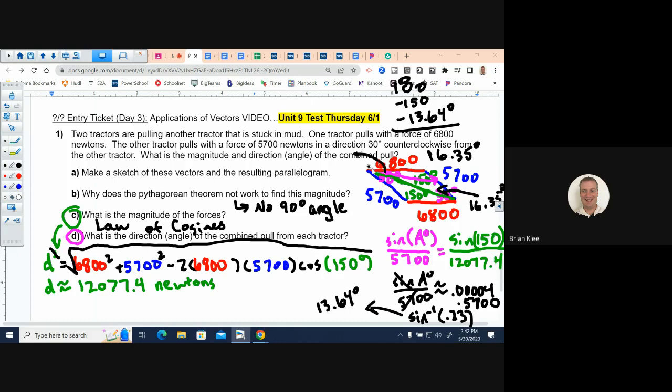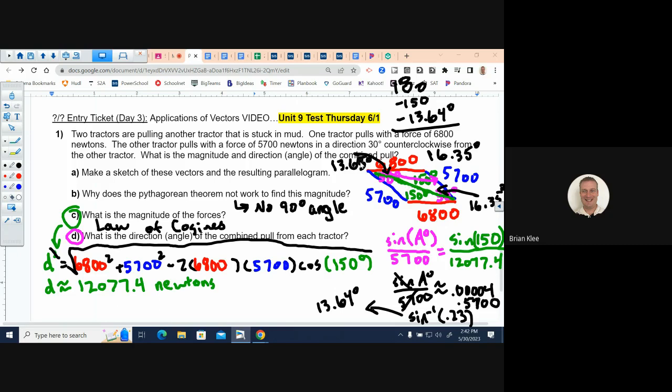And right here, this is the angle that it would actually pull in relationship to the larger force, is 13.64. And I did round wrong. That should be 13.65. You should notice 13.65 and 16.35 adds back up to the 30 degrees at each of those corners.